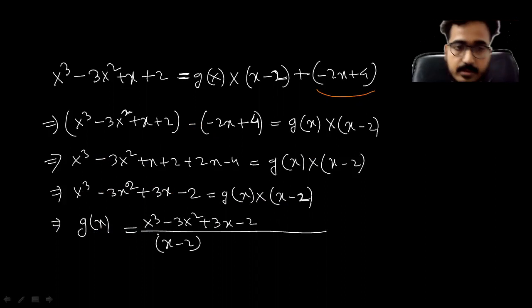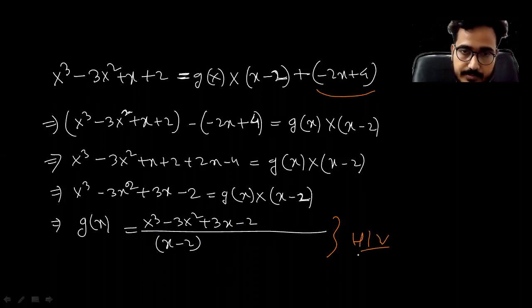Now gx will be x cube minus 3x square plus 3x minus 2 divided by x minus 2, yes or no. So this is the term gx. That means you have to divide this term by x minus 2, then you will get the value of gx. Now you know this part, yes or no. How can you do the division? So this is your homework part. You have to divide this cubic polynomial by this linear polynomial, then you will get the value of gx.